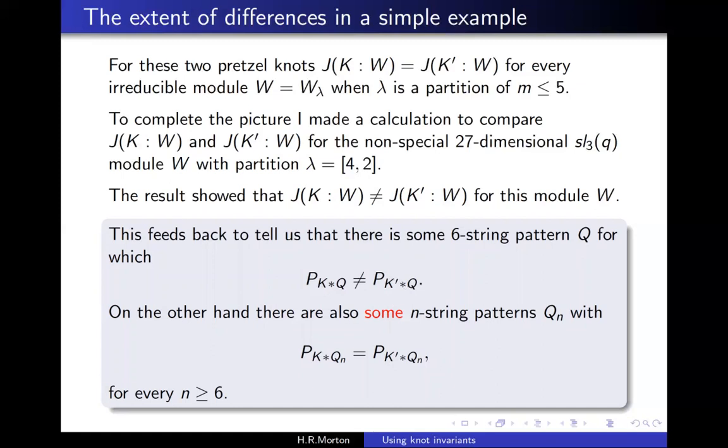And there is no way that I could possibly calculate the HOMFLY polynomial of K and K prime with this 6-string pattern on, even with more modern techniques, because that would involve an awful lot of crossings. On the other hand, I did have to get, you might say, down and dirty on the calculational line, in that I had to work out the quantum invariant for that 27-dimensional module, which relied on certain 27 squared by 27 squared matrices and identifying little pieces among them by bits of linear algebra.